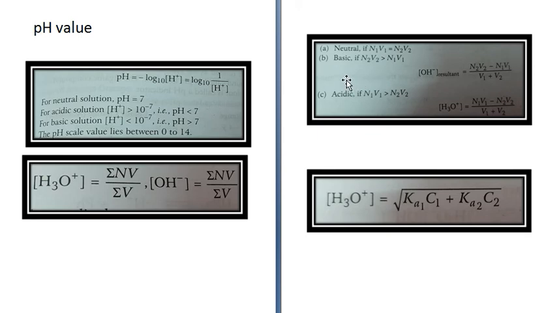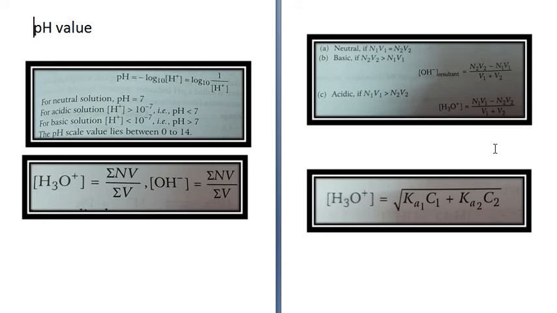For basic, if N2V2 is greater than N1V1, the OH- concentration will be equal to (N2V2 minus N1V1) upon (V1 plus V2). And for acidic solution, if N1V1 is greater than N2V2, then the H3O+ concentration would be (N1V1 minus N2V2) divided by (V1 plus V2).